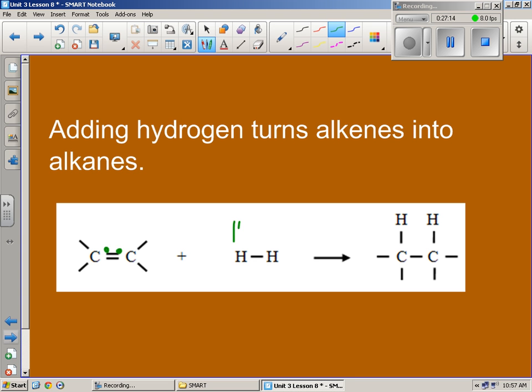There's also hydrogen here with two electrons there. And what happens is basically, once again, that bond is represented by two electrons. This will share with that one there, and this one here will share with that one, for example, and they will get added into the chain, hence the term addition, believe it or not, addition reactions.